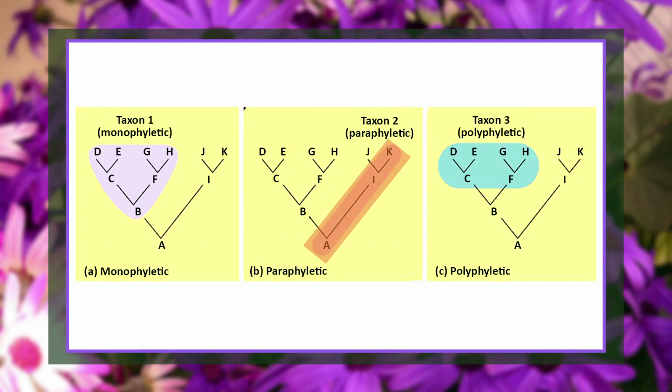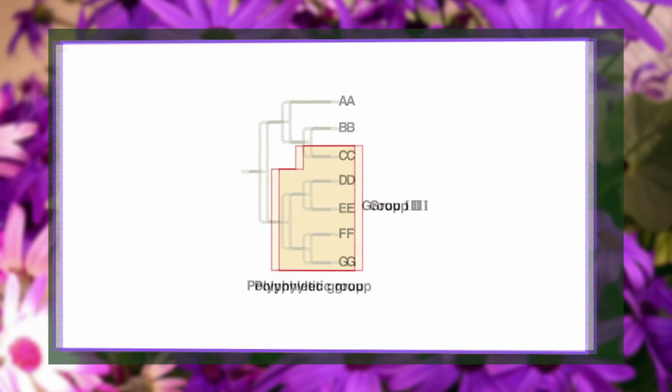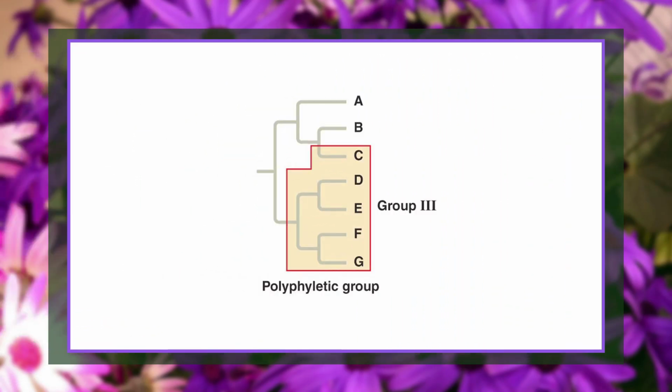In phylogenetics, a group of species is said to be paraphyletic if the group contains its most recent common ancestor but does not contain all the descendants of that ancestor. A group comprising members from separate evolutionary lines is called polyphyletic.